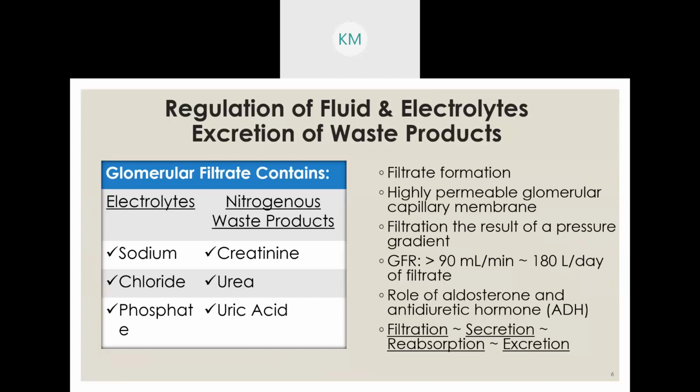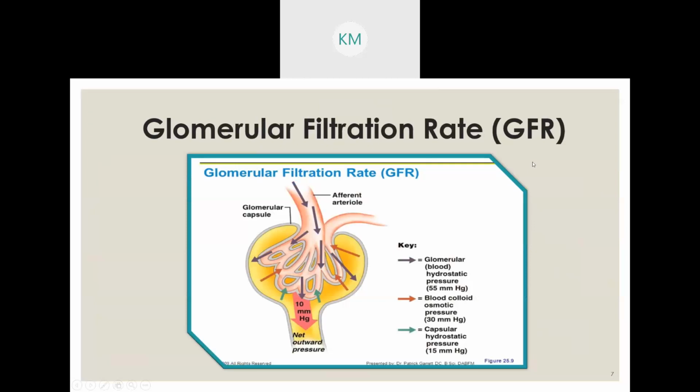Is that clear? If you need a quick look at how antidiuretic hormone works, there are a couple of good YouTube videos out there that you can search for if you need a reminder. All right, GFR. We're going to talk about that.